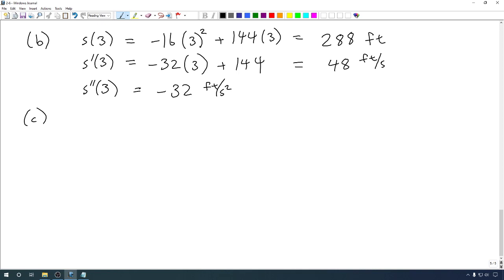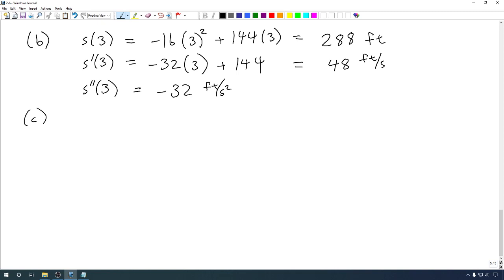Part C, when is the ball at its highest point? So we know it's not at its highest point at 3. It's still going upwards. It's still getting higher. And then we want to know how high this point is. Well, how do we determine where the ball is at its highest? Basically, when does the ball start coming down? It just goes up, and then at some point it's slowed down enough that it's run out of upward velocity and it's starting to move downwards. At that point, its velocity becomes negative because it's moving downwards.